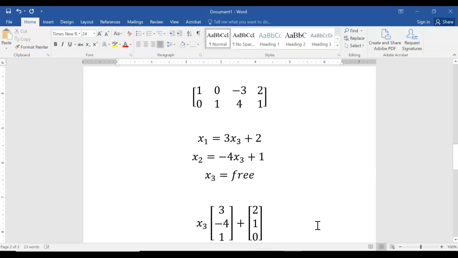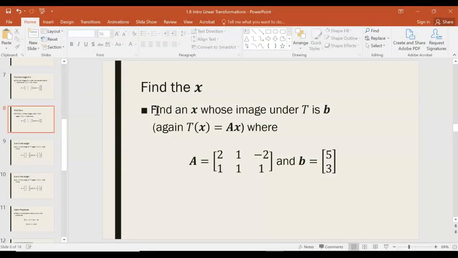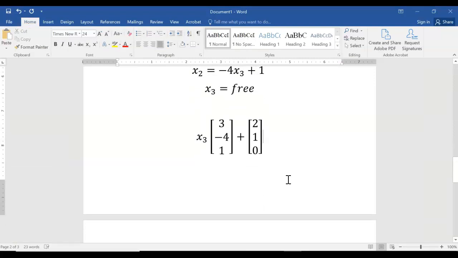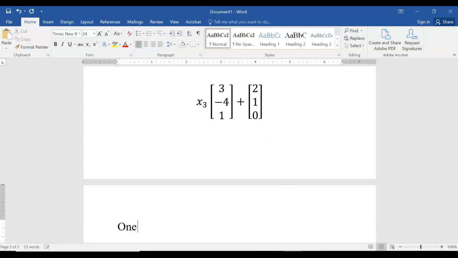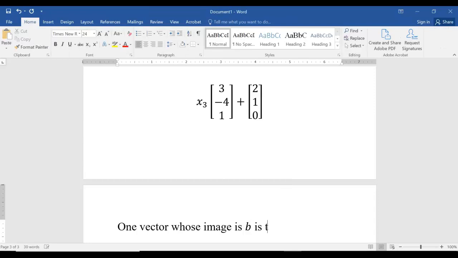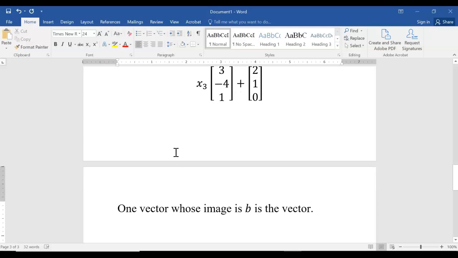Now, if I go back to the actual question, it says find an x whose image under T is b. So clearly we found one x. In fact, we found an infinite family of such x's. But one vector whose image is vector b is the vector, well, plug in any number you want for x3.